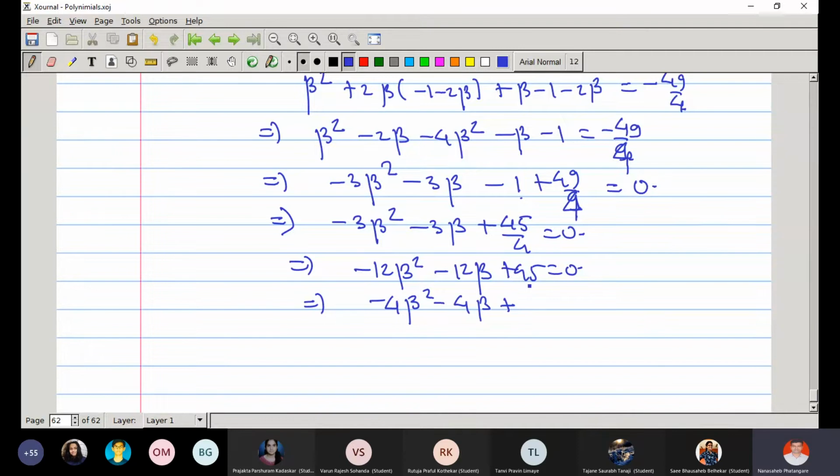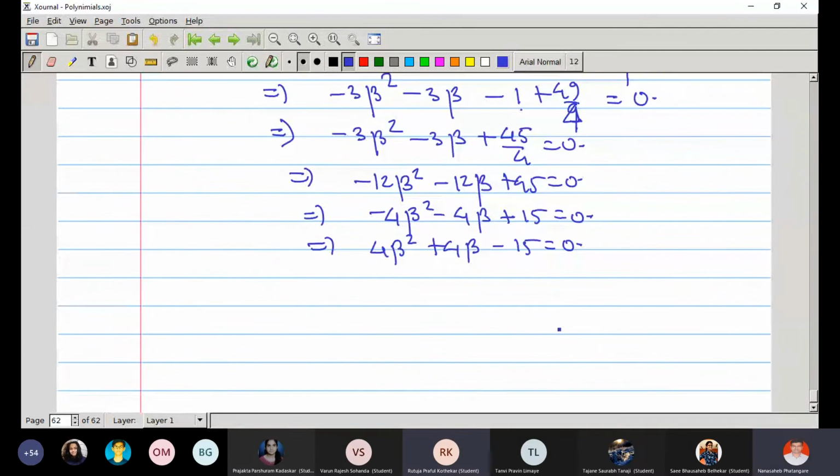Okay, you check whether it is the correct final expression. We can again multiply by the minus sign. That is the last expression I have written. Now, what are the roots?